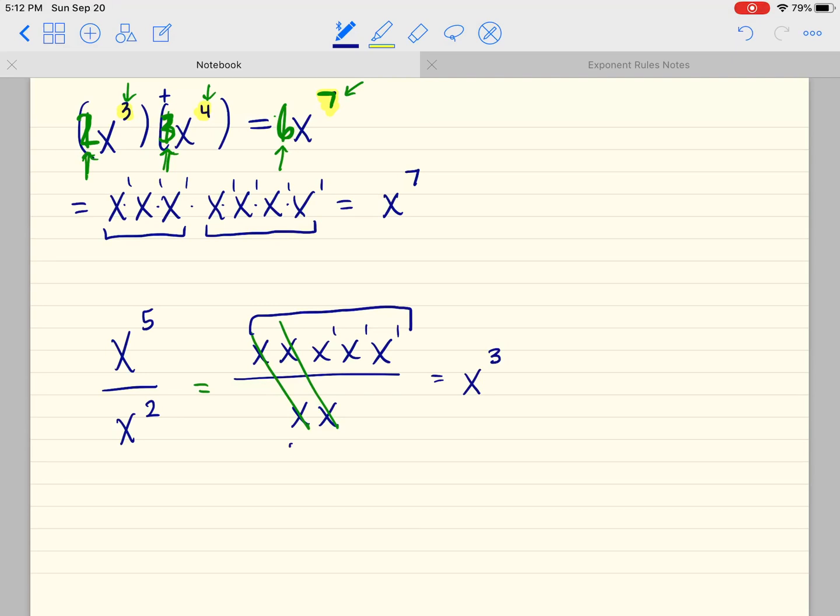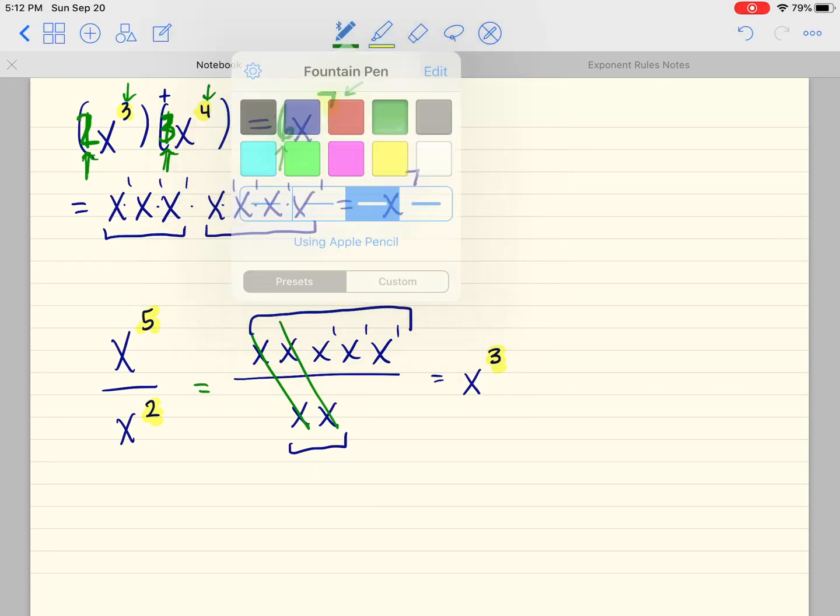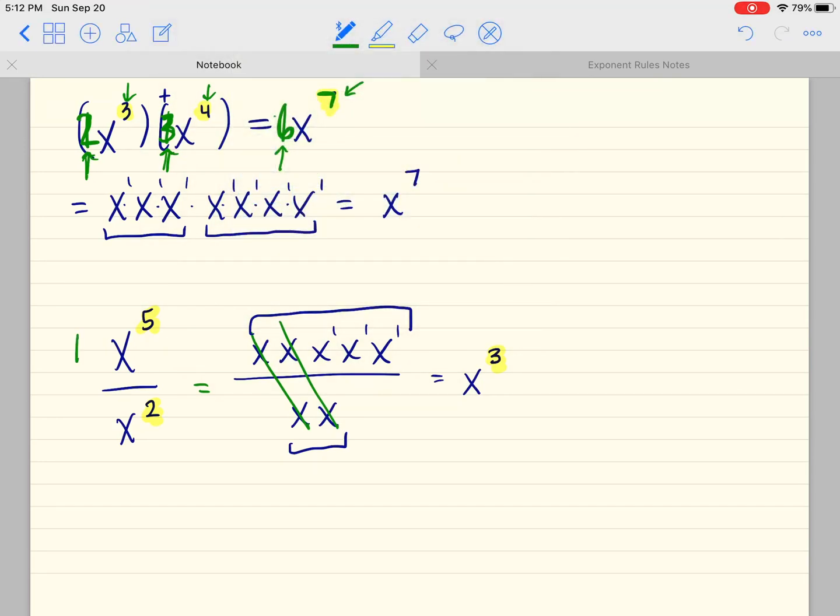Now again, writing it all out, expanding this out, is a little more work than I want to do. So what's the quicker way to get from the exponent of 5 and the exponent of 2 to our new exponent of 3? Well, again, the opposite of what we did before. Instead of adding when we multiply, we're going to subtract when we divide. And the division is happening again with the coefficients. So a coefficient of 1 here and a coefficient of 1 here, 1 divided by 1 still gives us a coefficient of 1.